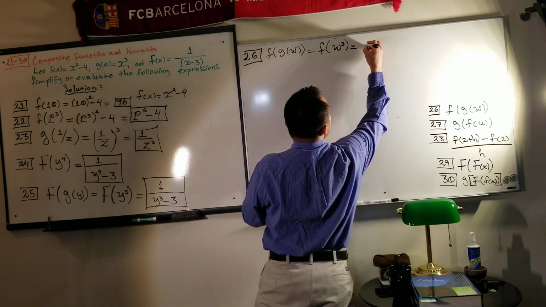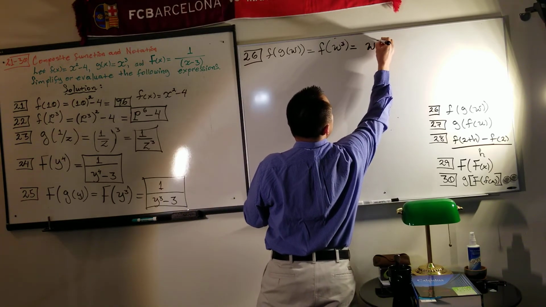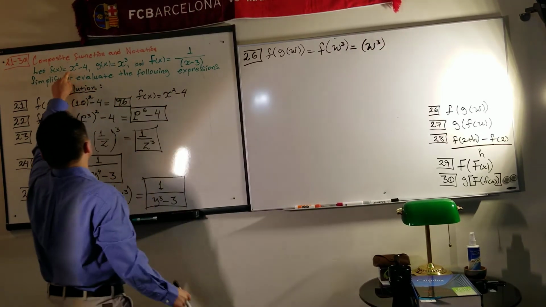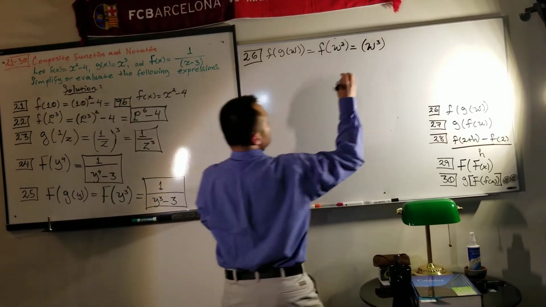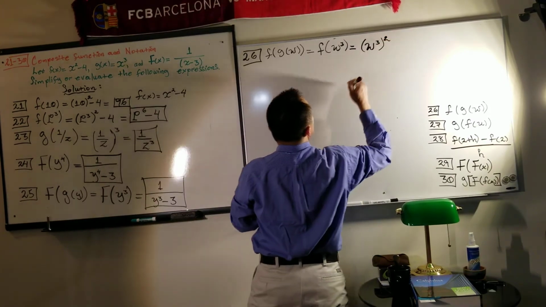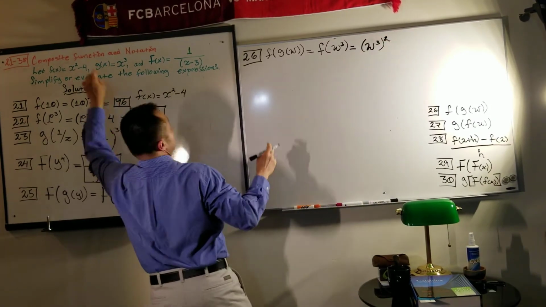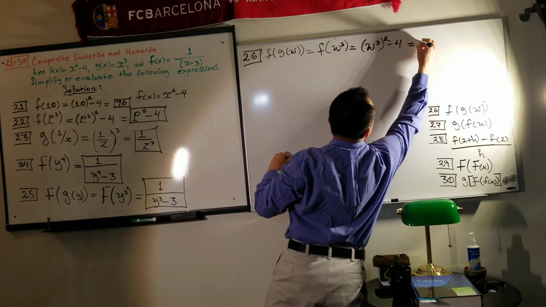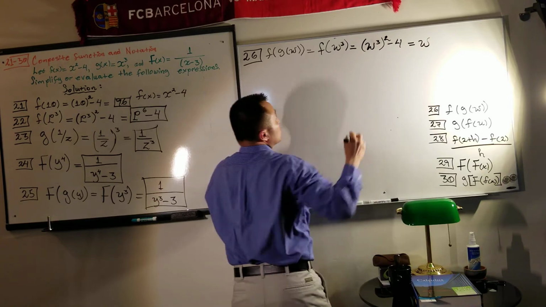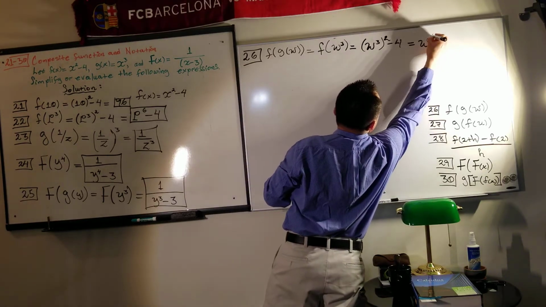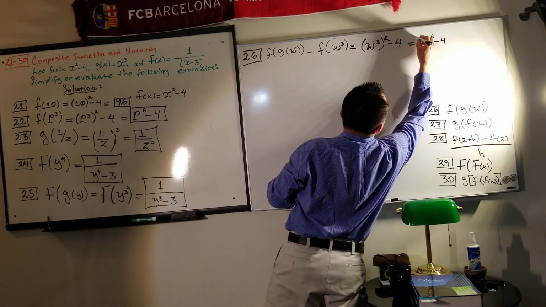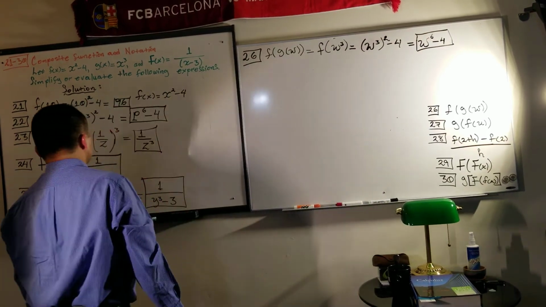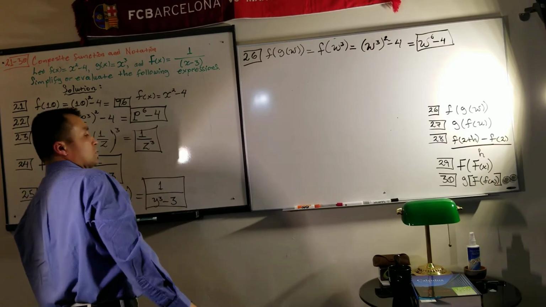So w to the third to the power of 2 minus 4, and this is going to be equal to w to the 6 minus 4, and that's going to be the solution for problem 26.